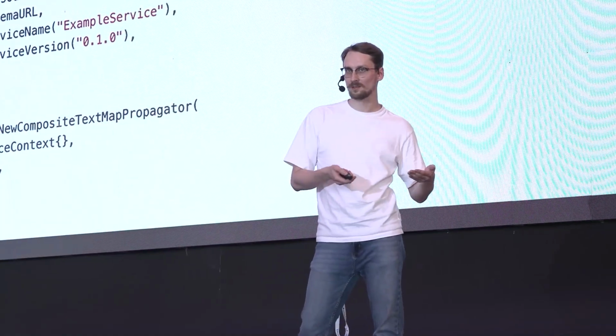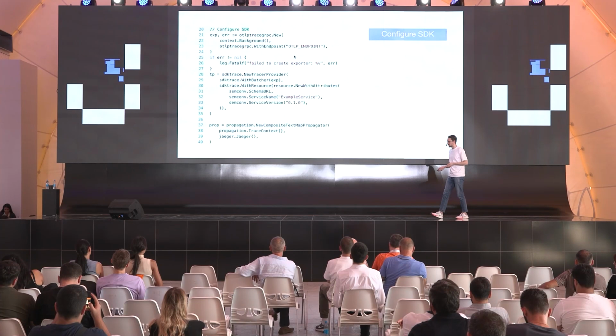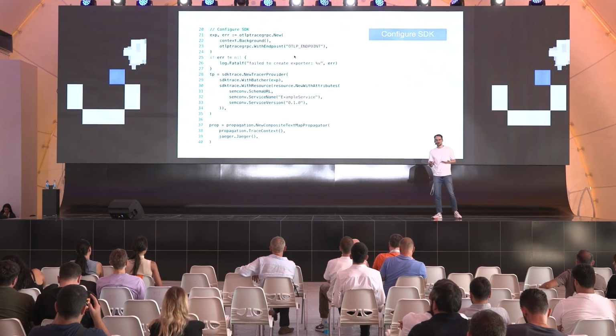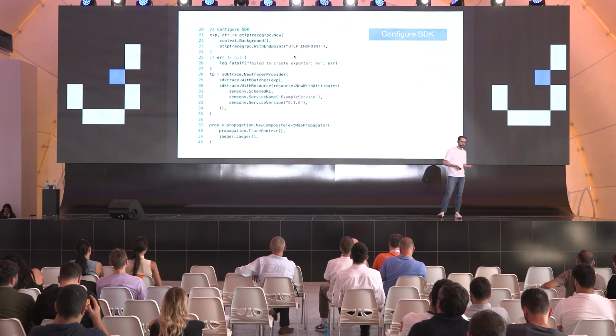We need it because we are expecting that some service is going to send requests with that protocol, and it isn't instrumented with OpenTelemetry yet, but it will be soon, I hope. Great. So we configured our SDKs, and now we are ready to create telemetry data, create spans.